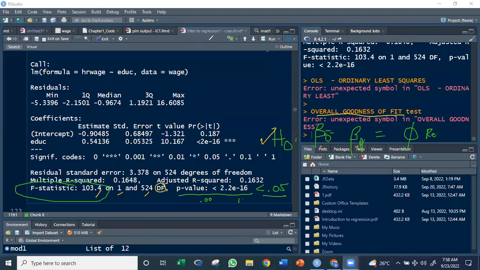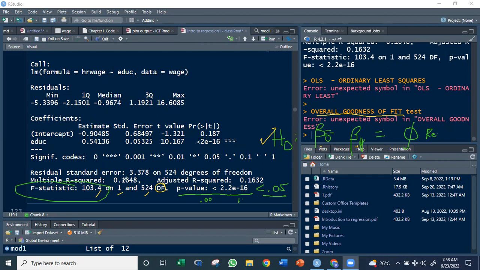Okay, thank you, James. But saan nanggaling 524? Okay, sige, explain ko ah. The degree of freedom, sorry, may answer: observations minus 1. There are 526 observations. Sophia, observation minus k minus 1.